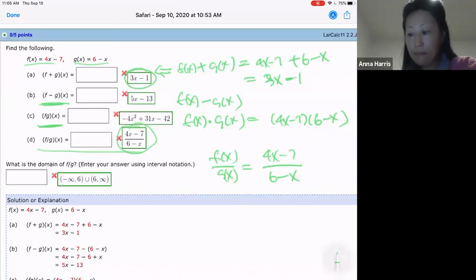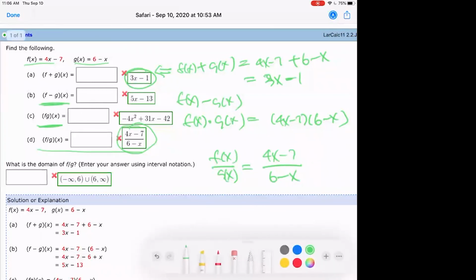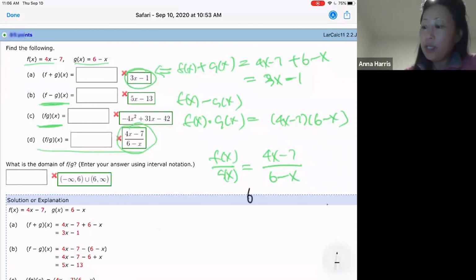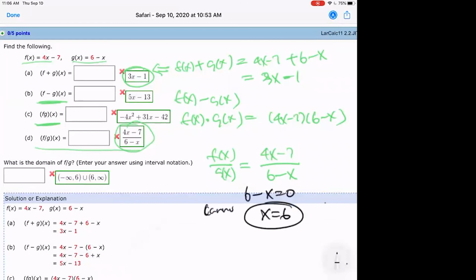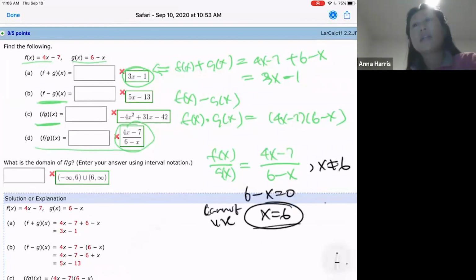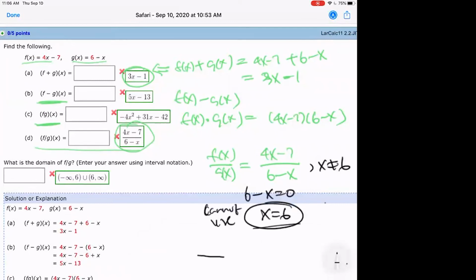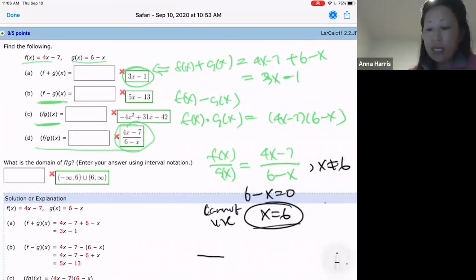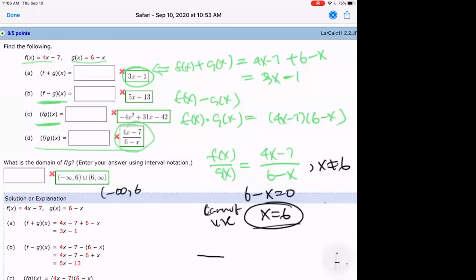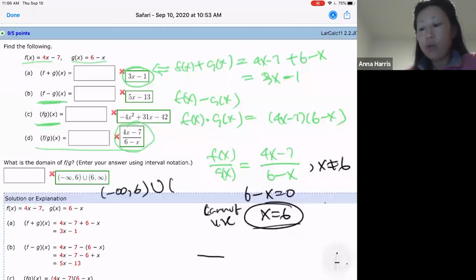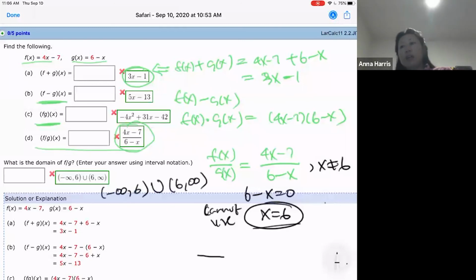Okay, so in this case, if the denominator is 0, you cannot use it. So you know you cannot use x equals 6.